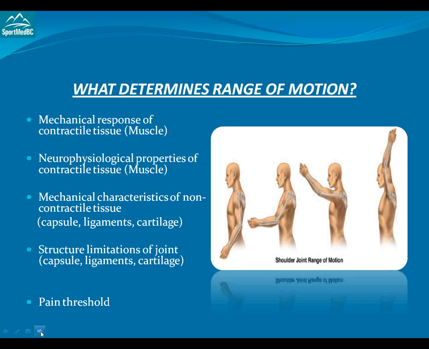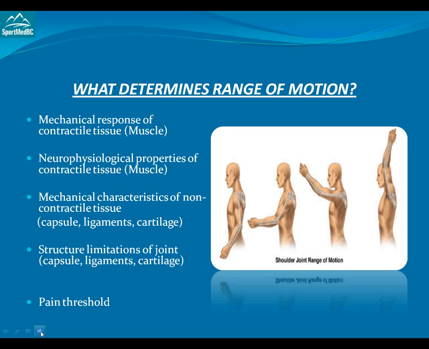So here we're talking more about joint capsules. This is the fibrous connective tissue that surrounds our joints. We're talking about ligaments. These are the more dense connective tissue that travel around our joints and in the middle of our joints to help stabilize the joints and give us some feedback about where our joints are in space, as well as cartilage, which supports or protects our joints when they contact each other.